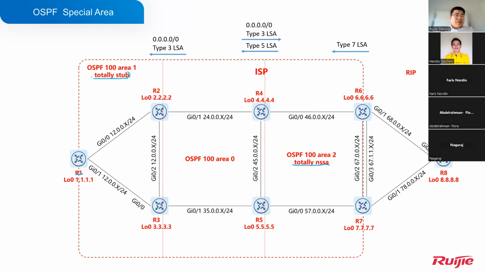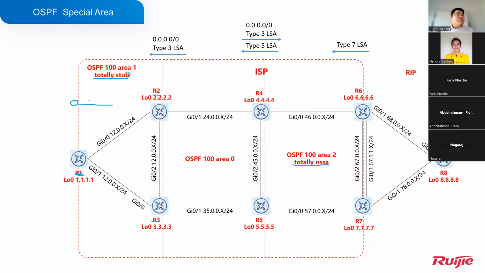But if we set it to be a totally stub area, when you check the IP routing table on R1, you can see there is only one default route, and here maybe two because it has two OSPF neighbors. So there will be two default routes guiding the traffic on R1 to other areas, even to the external network.